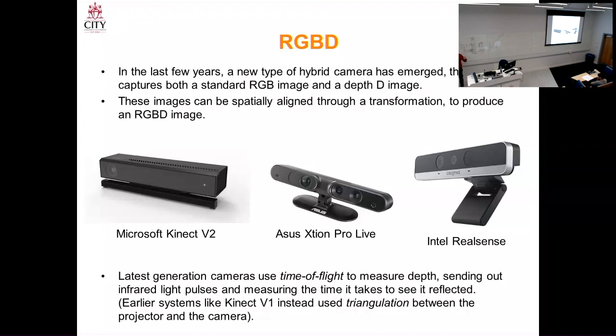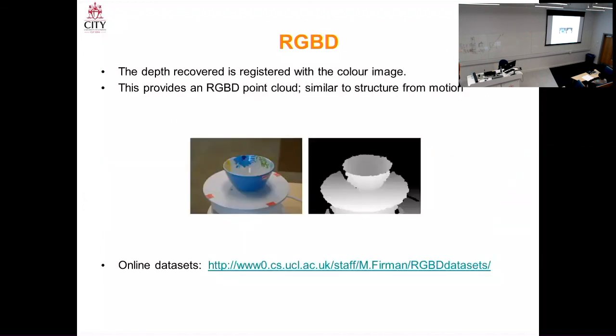Instead of doing it with stereo, these techniques usually use infrared or time of flight, and they're able to produce a depth map, which estimates the depth from the camera for every pixel in the view. If you do that, you get something like this. Here's my RGB image, and here's my depth image. A pixel that's brighter is closer to the camera than a pixel that's farther away.